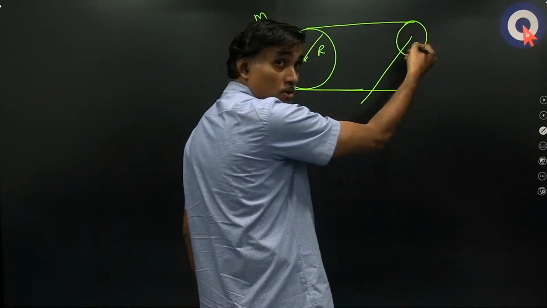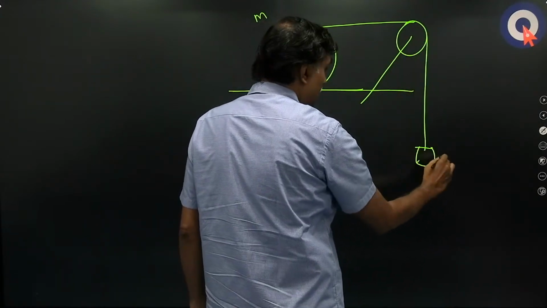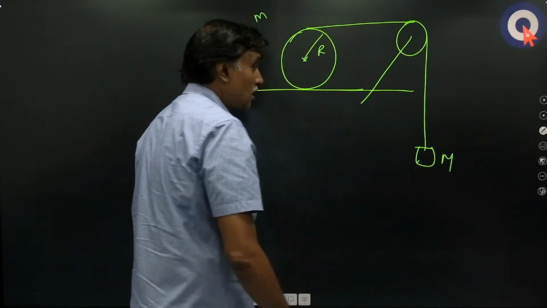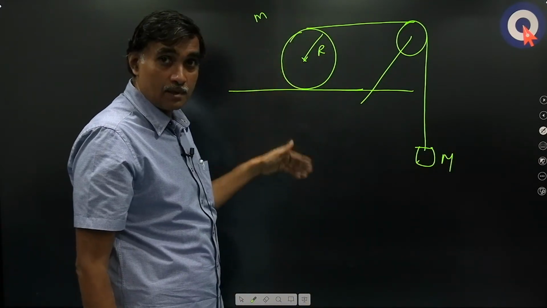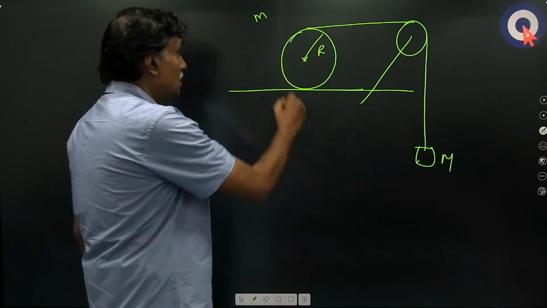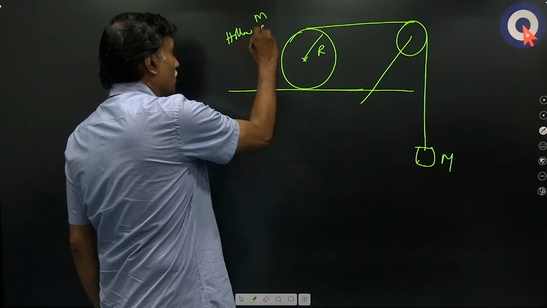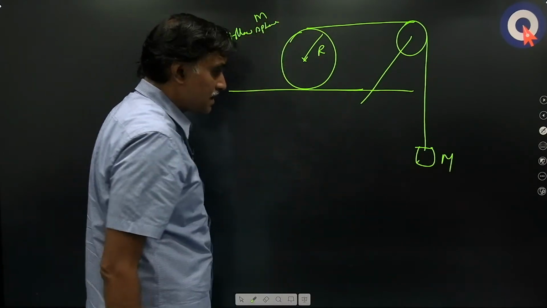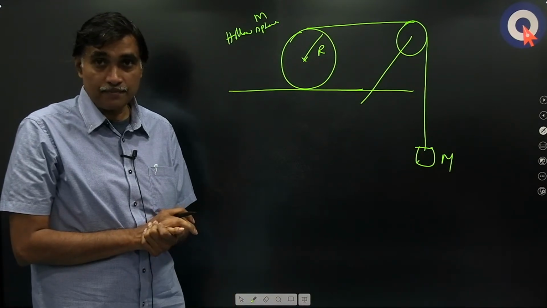Pulley is smooth and massless, and some other block is hanging here. Mass is capital M, this is small m. There is no slippage between the sphere and the ground. Then find the acceleration of the block.